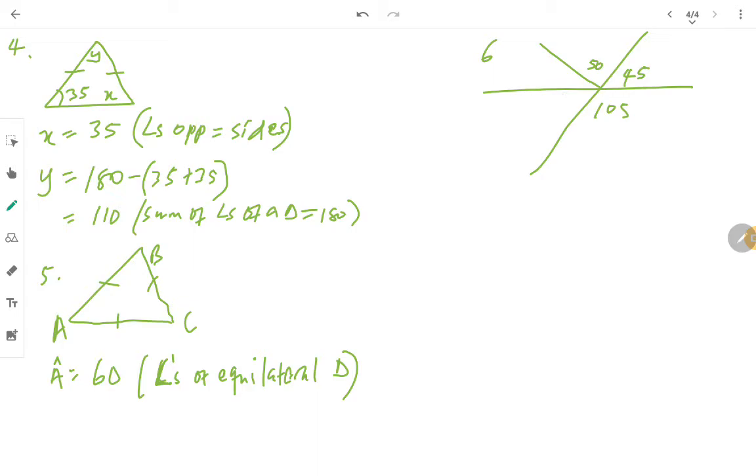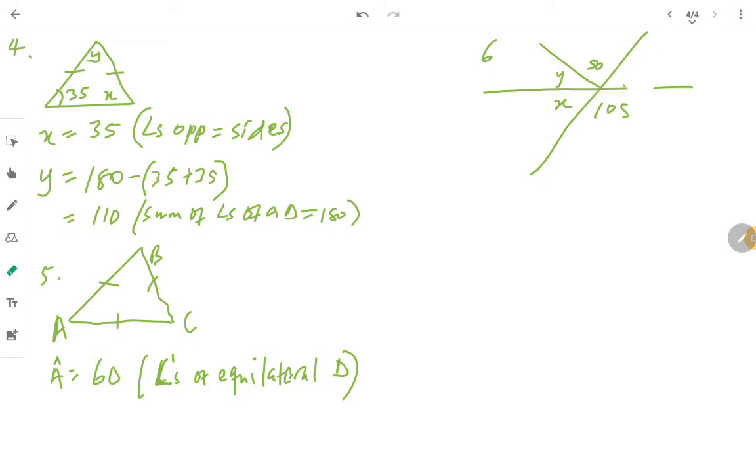Then I want to calculate X and Y. I can simply say X is 45 degrees, which is vertical opposite angles. Then to get Y, if you notice on this, wait. Okay, wait. My diagram, something's wrong here. Because there is no way it can be 45 degrees.